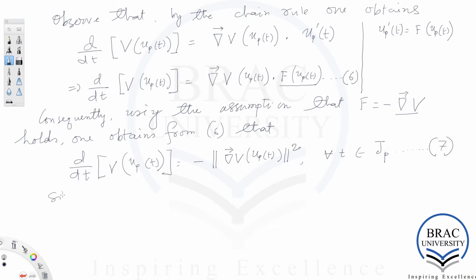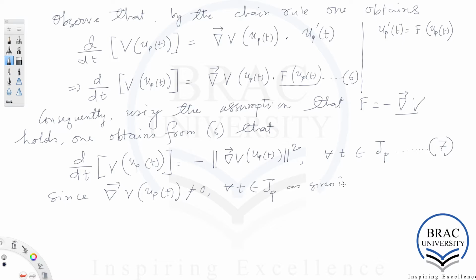Now, since gradient of v at up of t is non-zero for all t in J p as given in 5. Okay, what was 5?